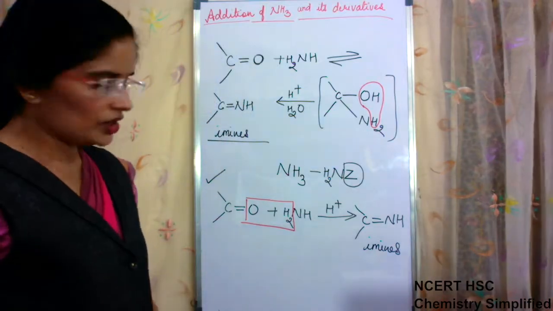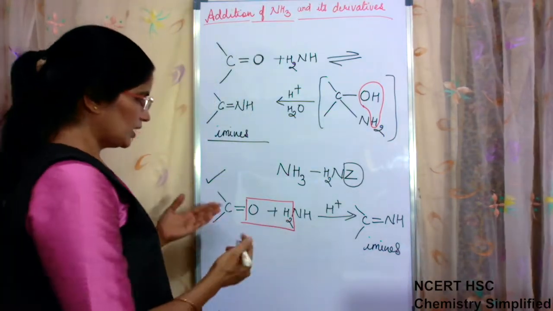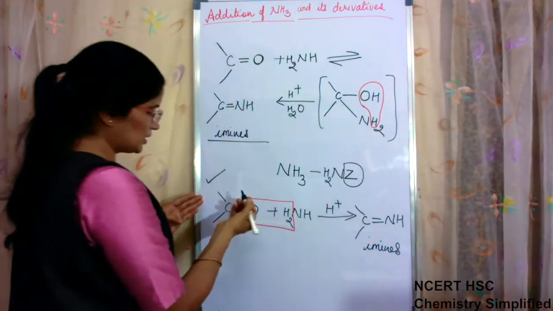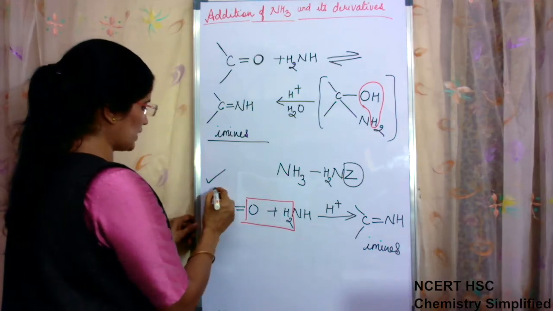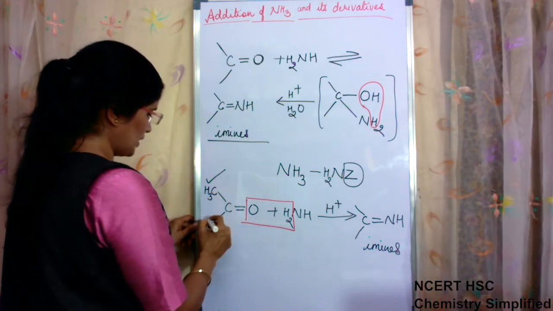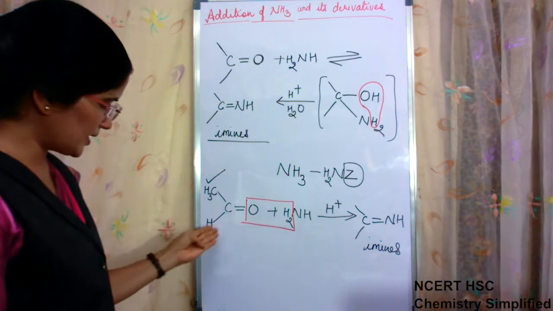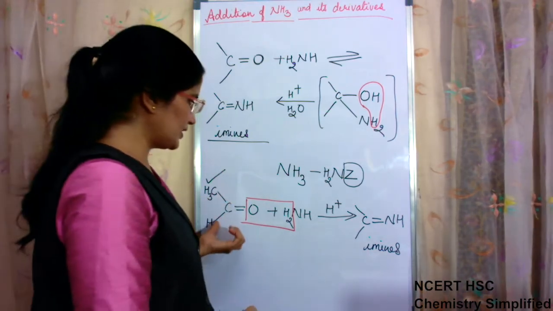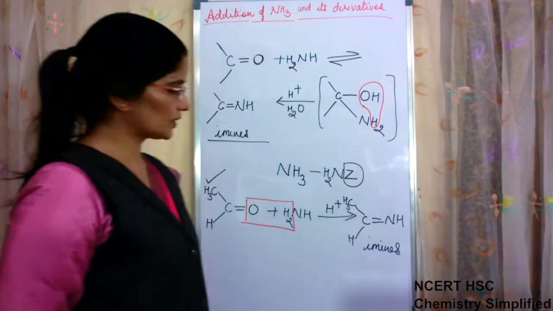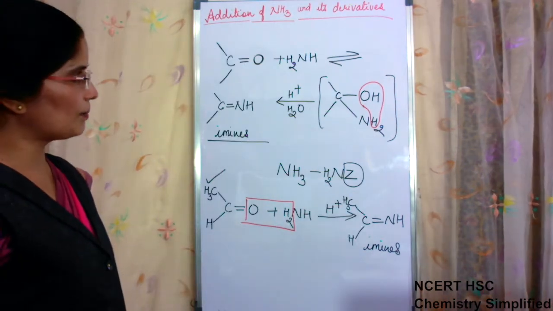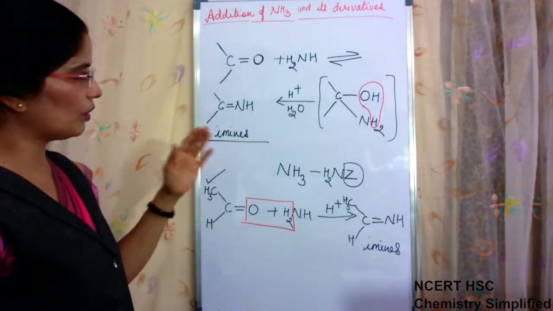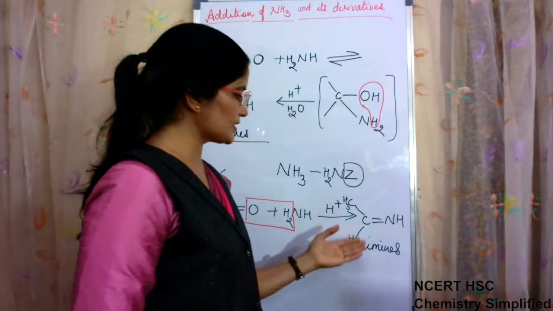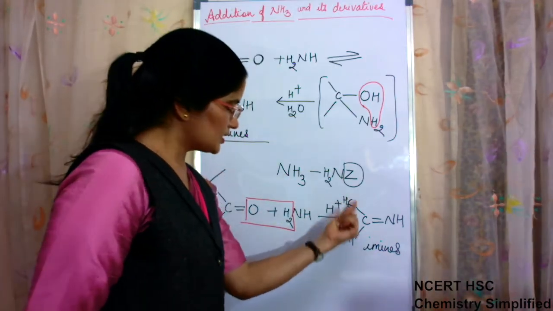Now to specify, suppose we attach CH3 and H here, so it is actually ethanal or acetaldehyde. Here also the product, the name of these compounds, derivatives of ammonia or ammonia addition products, are named just like that.